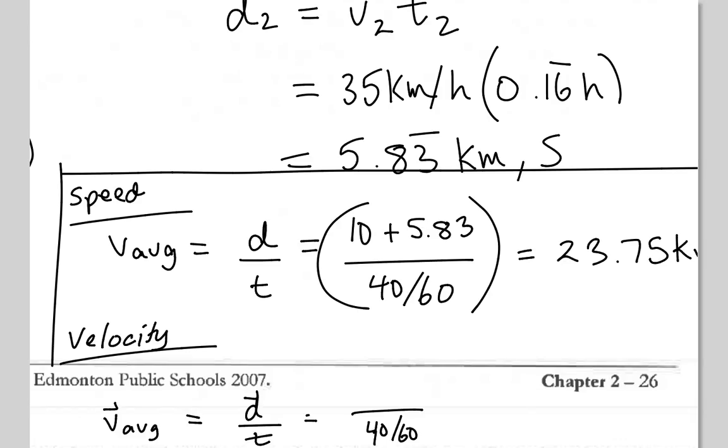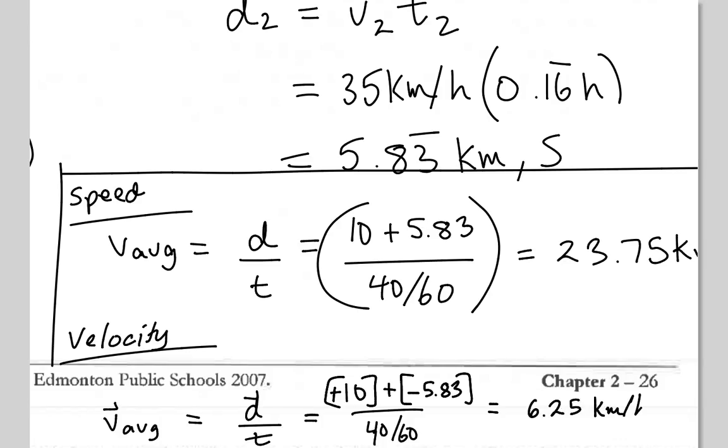We have to add, but being direction aware. So a positive 10 for north plus a negative 5.83 for south. So 10 minus, and on my calculator, I just go back up to that 5.83, highlight it, so I can get my complete accuracy. And now I can divide that by 4/6 in a bracket.